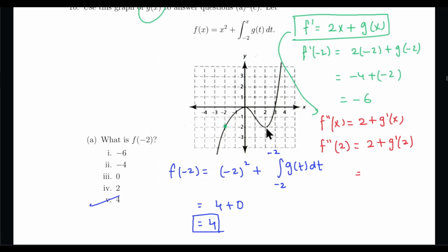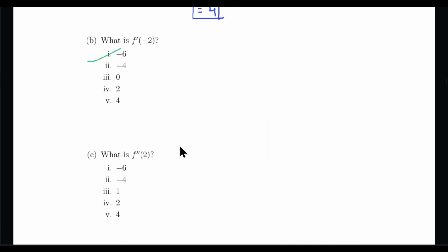And what is g'(2) if you look at it carefully? This is g, and the derivative is the slope at that point, which is a horizontal tangent line. So the slope is just 0. So it is 2 plus 0, which is just 2. Do we have that in the options? Yes, we do. So that should be option 4.